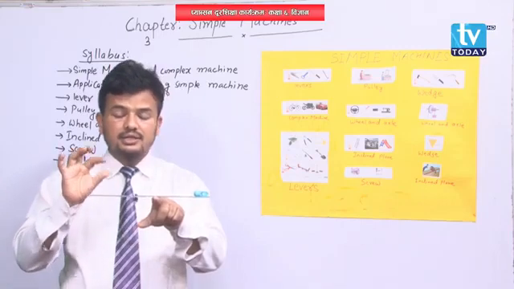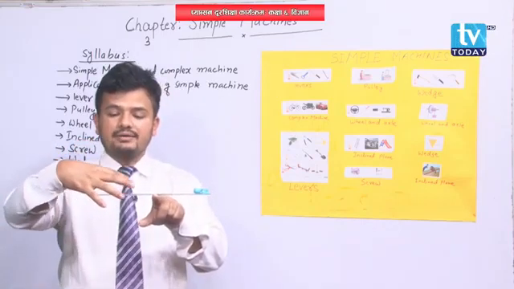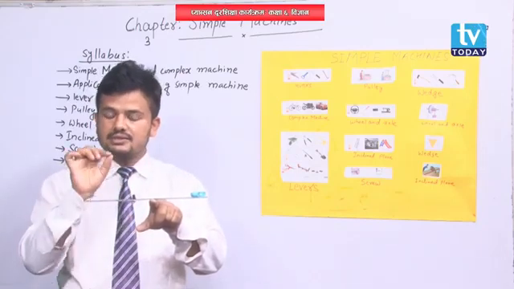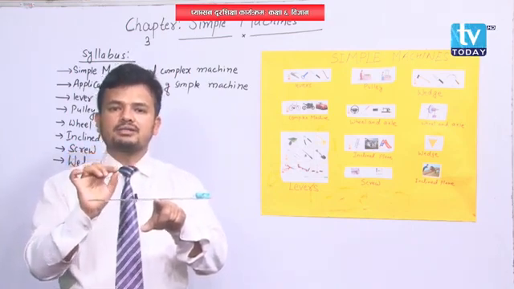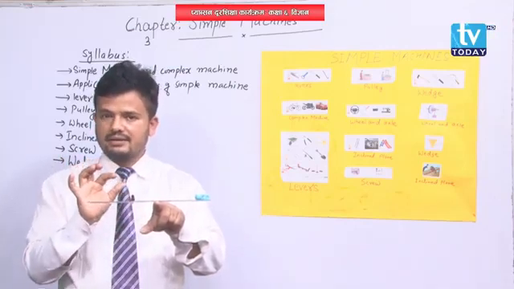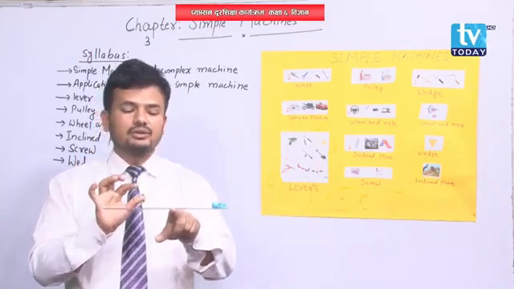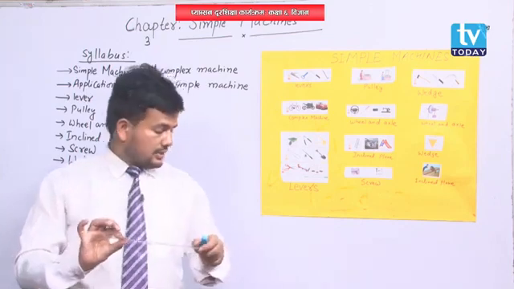Again listen to me, in a balanced condition of lever, the product of effort and effort distance is always equal to load and load distance. This is called the principle of lever, because every machine works on a certain principle, and that is the principle of lever. Don't forget that. Simply, effort into effort distance equals load into load distance. That is the lever.